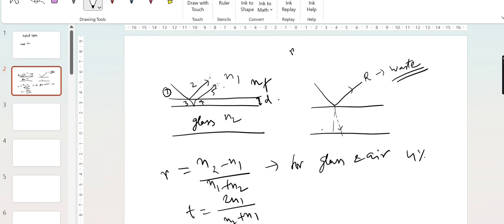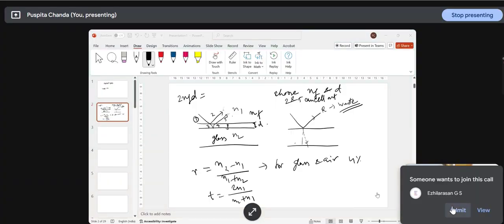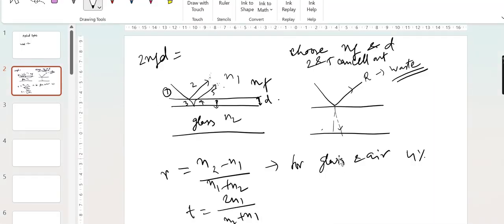If we choose n_f such that rays 2 and 5 cancel out, then the path distance 2 n_f d should be equal to lambda by 2 for the minimum thickness.